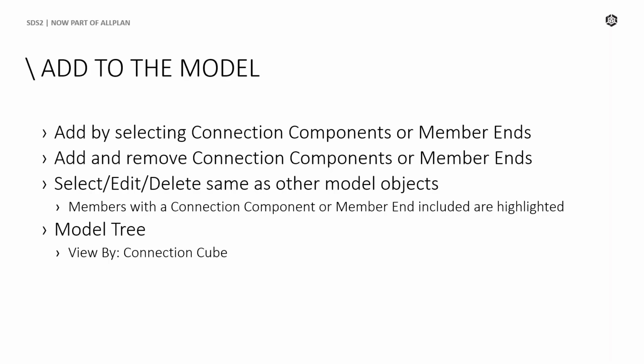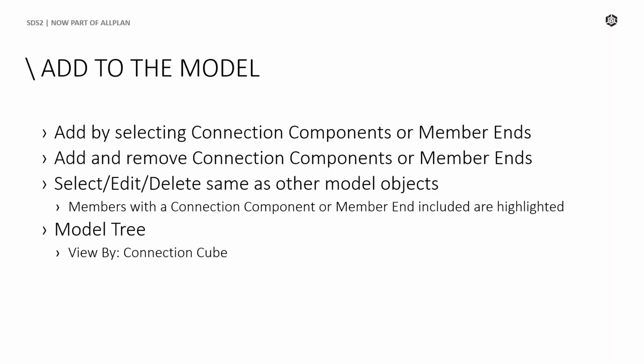Once you've added it, you'll be able to add or remove member ends or connection components to this cube in case you missed something or need to make adjustments there. Select, edit, delete, pretty much the same as any other model objects: left click selects, delete on the keyboard deletes, double click to edit, that type of thing.